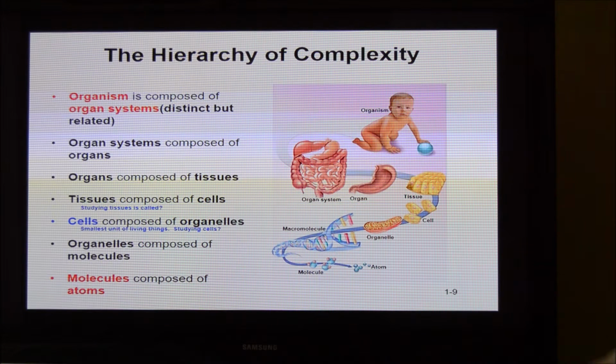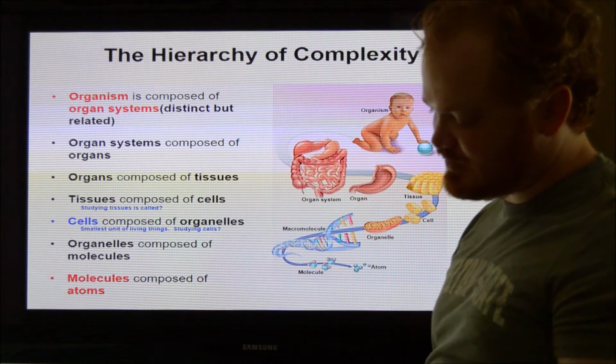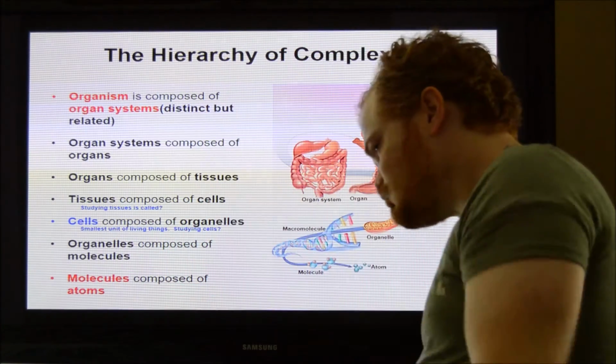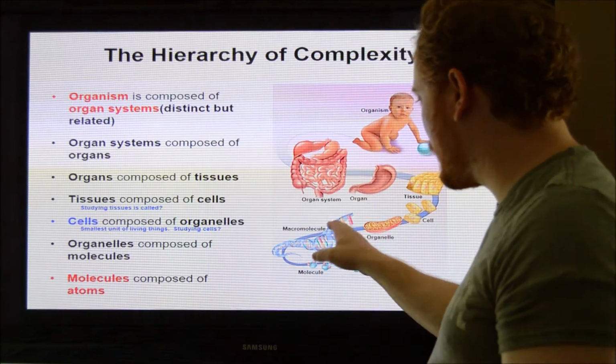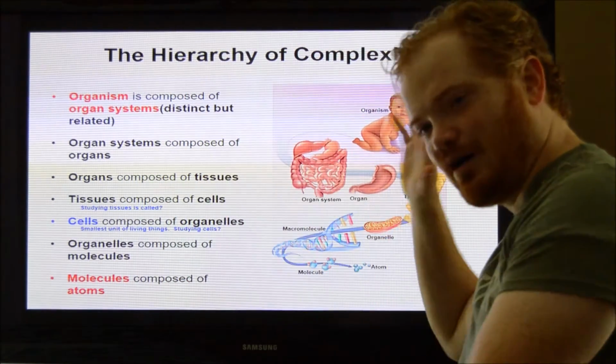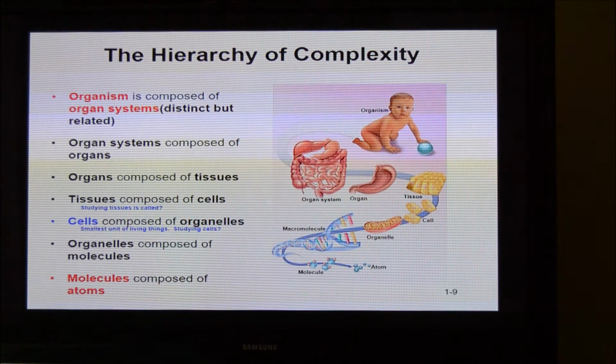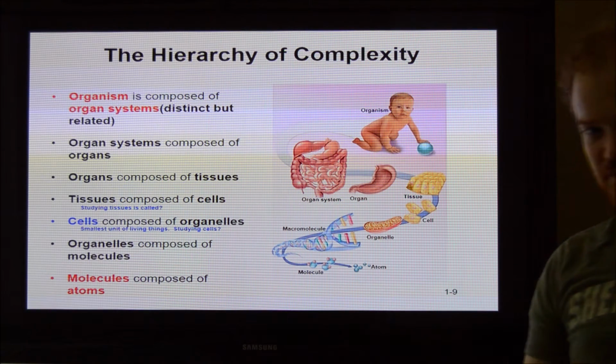Those organelles are made up of what are called macromolecules. When we say macromolecules, what we're talking about is things like proteins and nucleic acids and lipids, you name it. These are macromolecules. Those macromolecules are huge. Macro means large. Okay, macromolecules, these massive molecules that are all composed of smaller parts called molecules, just molecules.